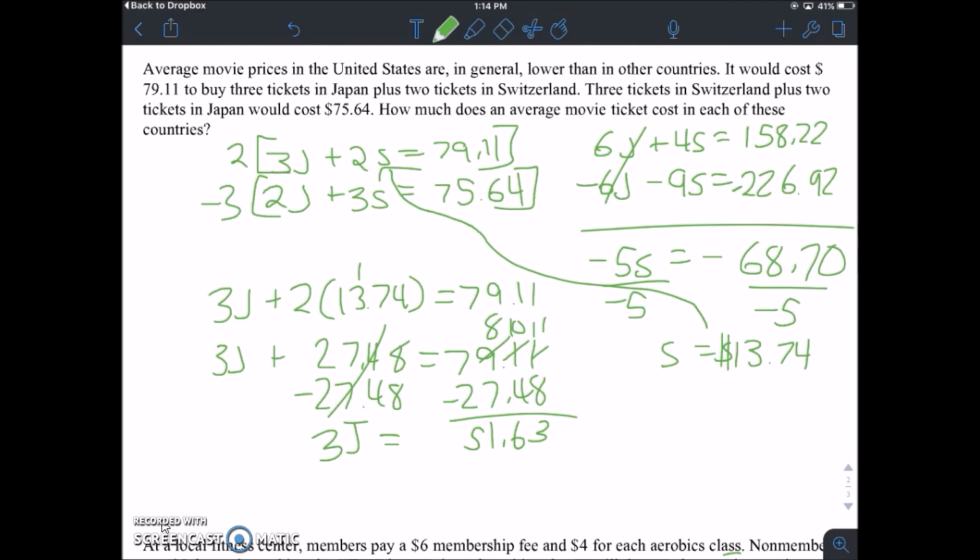All right, I'm going to divide by 3. 51.63 divided by 3 is 17.21. Japan is $17.21.